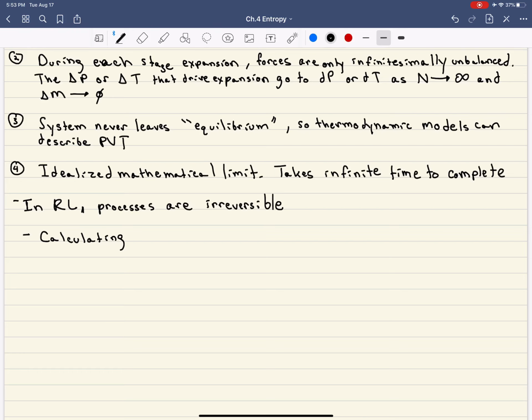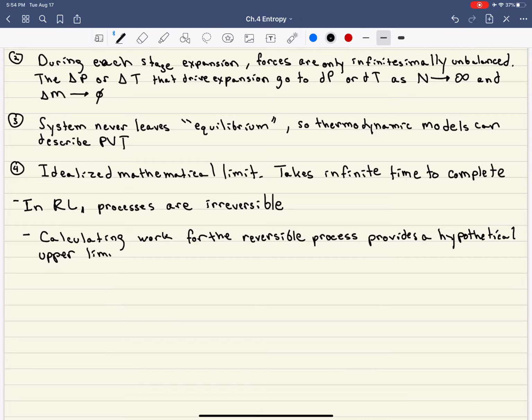And so calculating work for the reversible process provides a hypothetical upper limit for energy available.